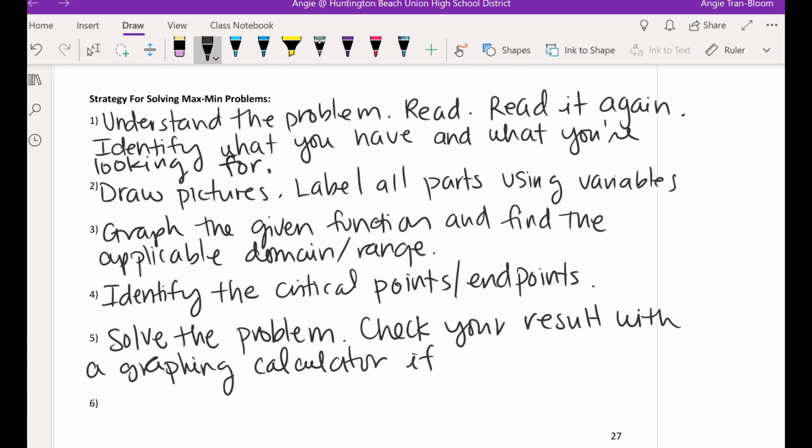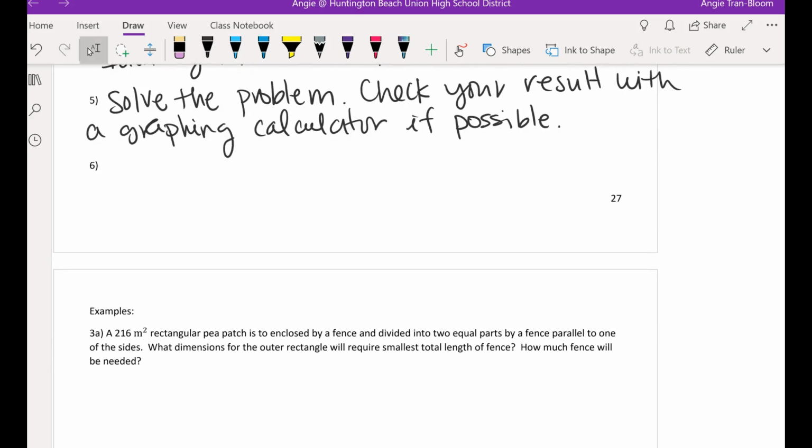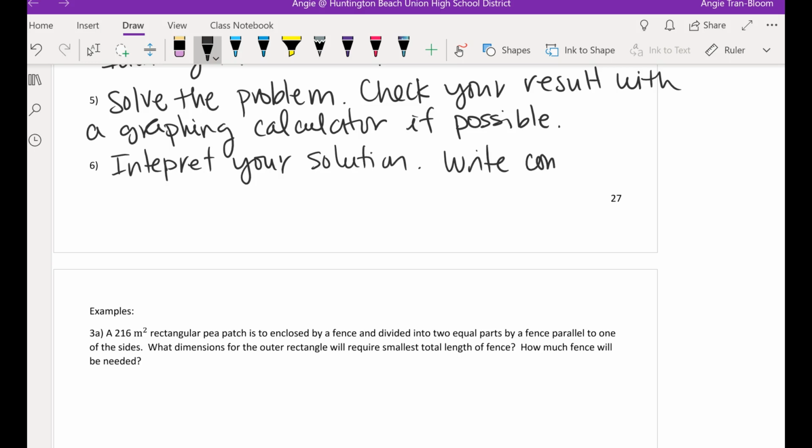Okay, if possible. And last one, do you know what the answer means? Can you interpret? Okay, so interpret your solution. I want you to write complete sentences, and make sure it makes sense.